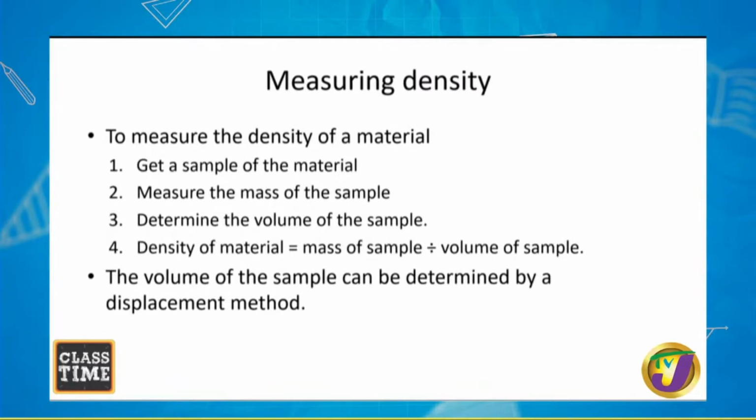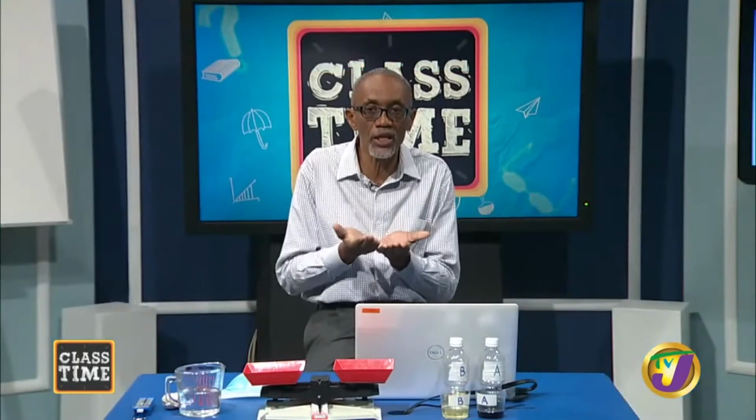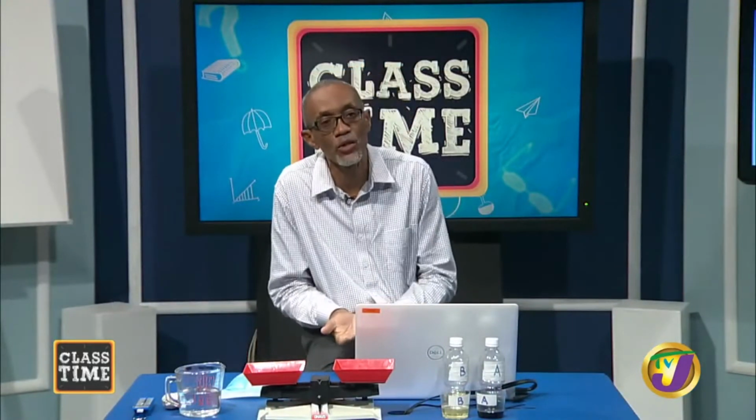What is that? When you put an object in a mug or something with water, then the level of the water rises. And that happens because the object pushes aside the water, because the object has to make space for itself as it goes into the water.